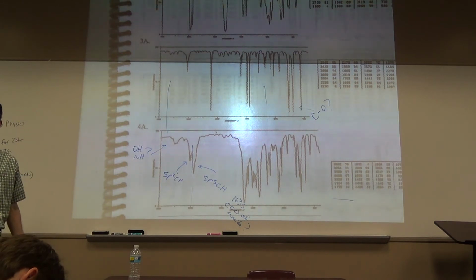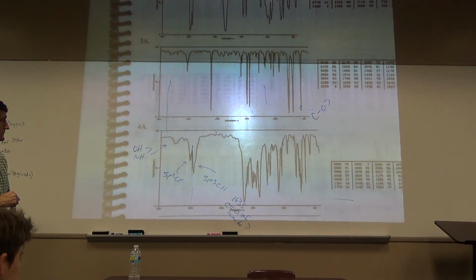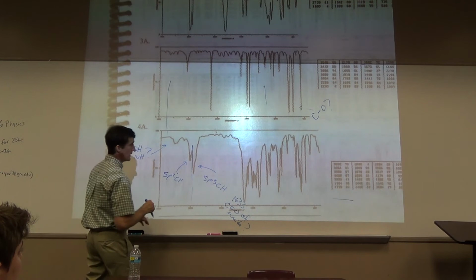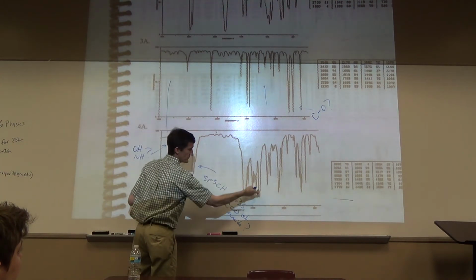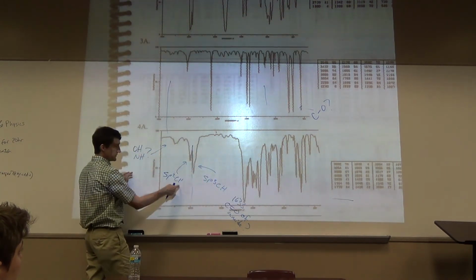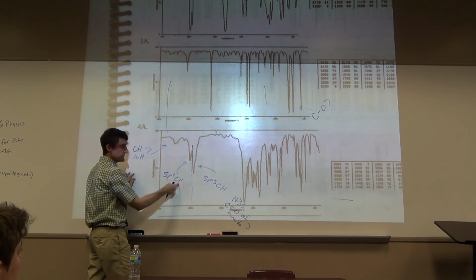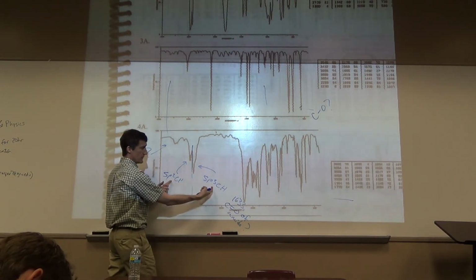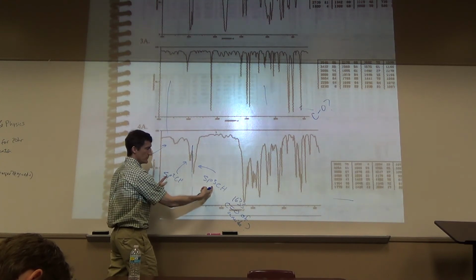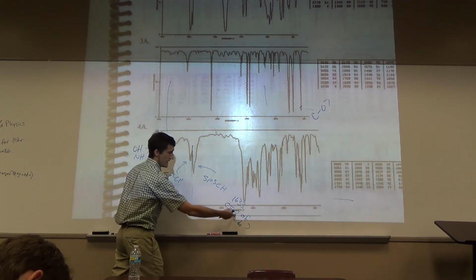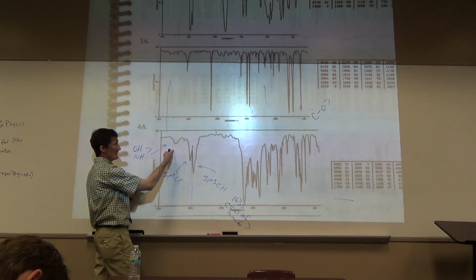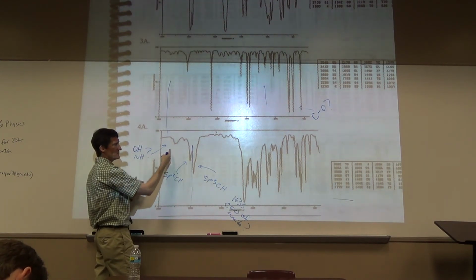Certainly not acid chloride, that's a high carbonyl. And then you have all the peaks. A little bit of a mountain range in here, looks aromatic. We also have sp2 CH. That doesn't mean it's aromatic, but aromatic would have that. So it looks like we have a compound that has both types of CH, sp3 and sp2. Amide, but is that an NH or not?